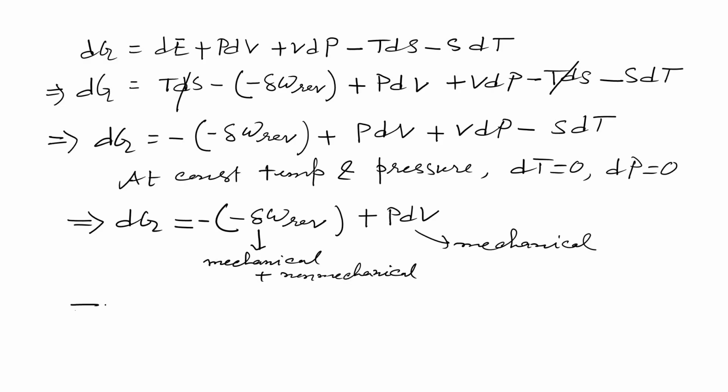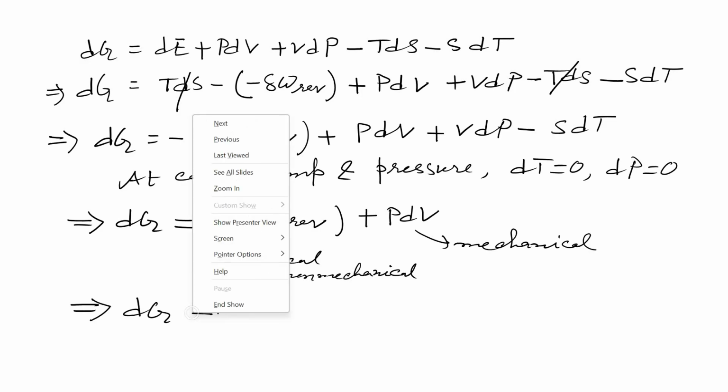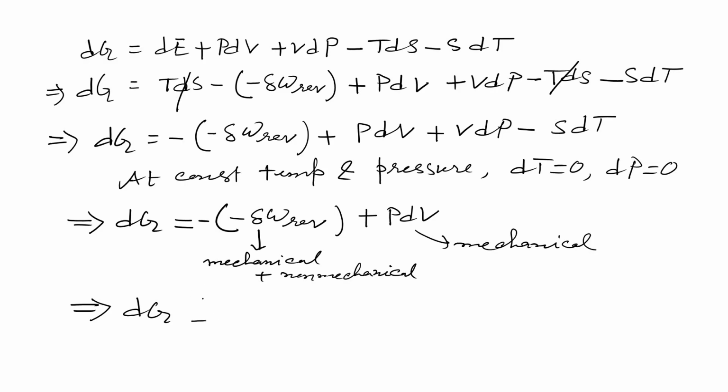So this one I can write as dG is equal to minus of the total non-mechanical work done by the system. Right?